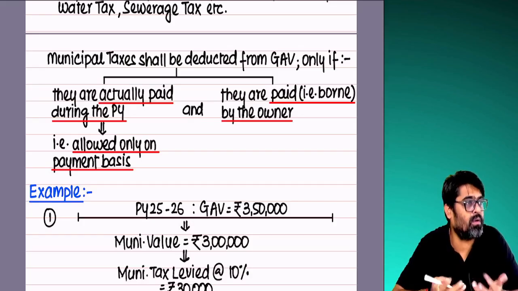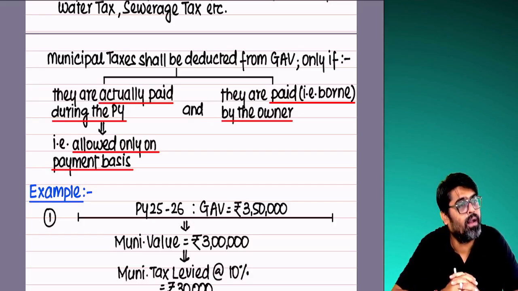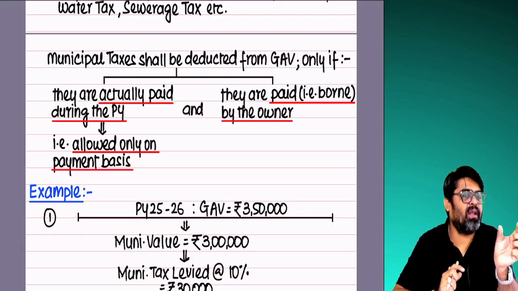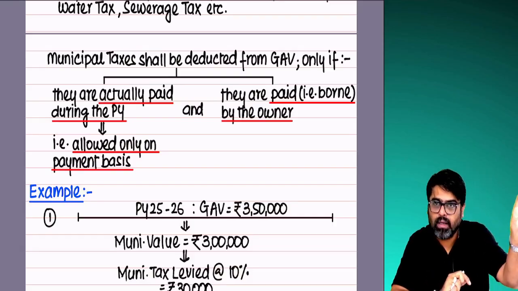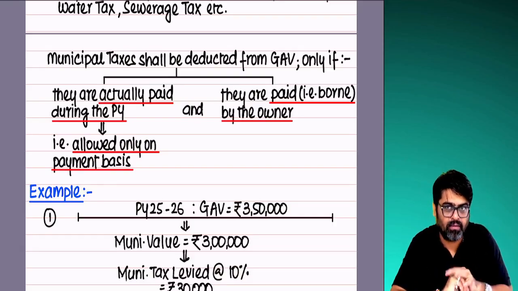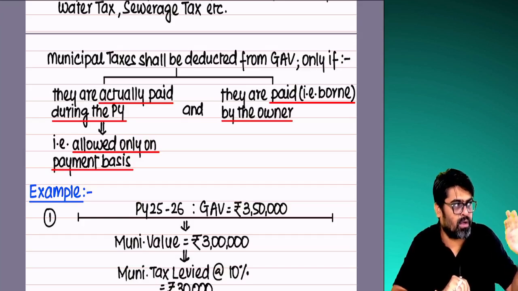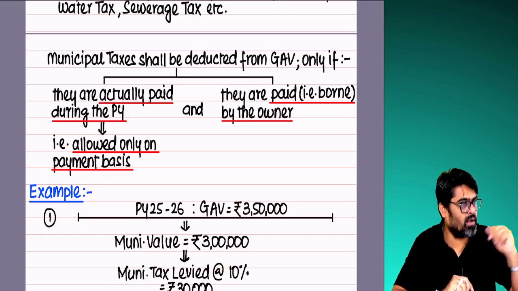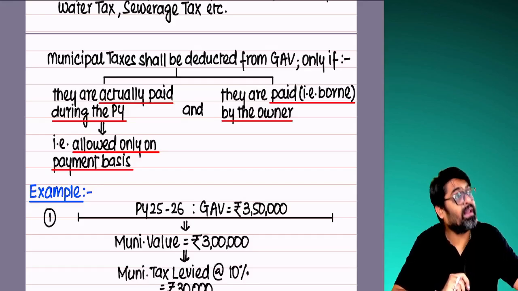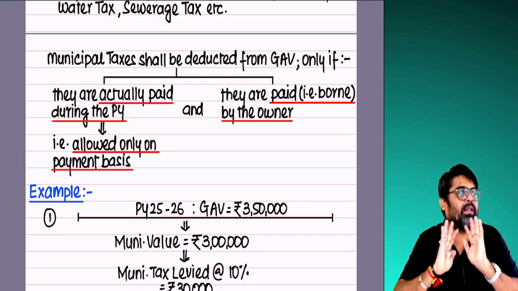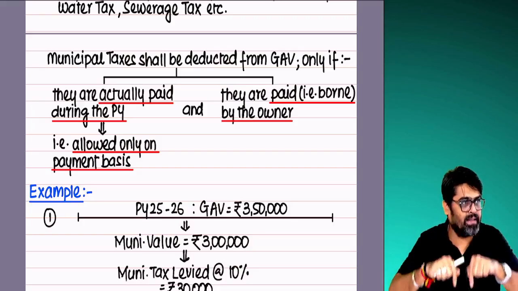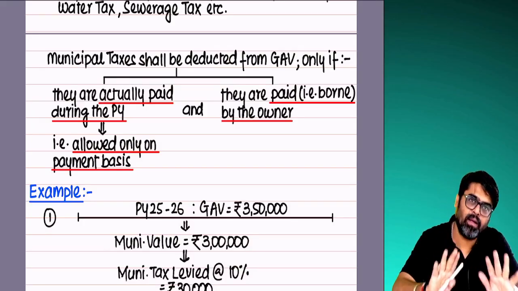Allowed, not allowed? Why? Because even if the 15,000 was for last year, did I pay in the last year? So it was allowed or not allowed? In the last year it was not allowed, yes or no? Now in this year I am paying that 15,000. Is it paid in this year? It will be allowed in this year.